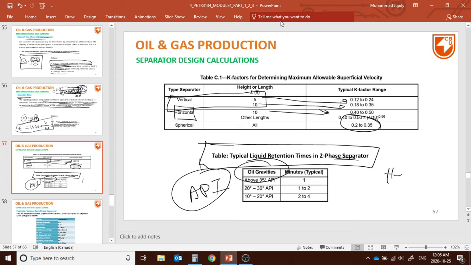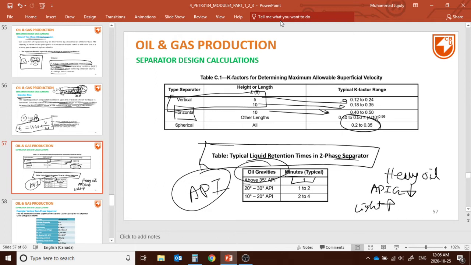That means for heavy oil the API gravity would be lower, and for light crude oil the API gravity would be higher. So for an API gravity of 35, the typical retention time is 1 minute. That means for light crude oil it is 1 minute.